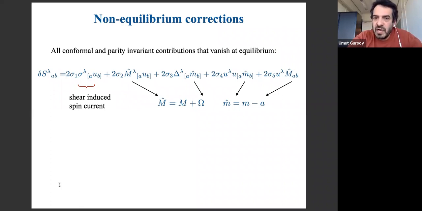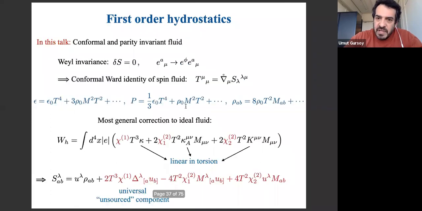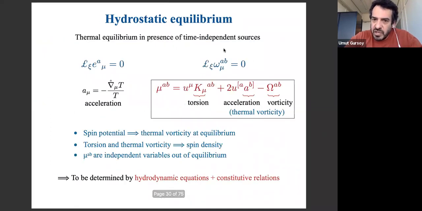So here I'm writing down all the possible non-equilibrium terms. These are all the conformally invariant and parity invariant contributions to the spin current that vanish at equilibrium. For example, the equation that we had for equilibrium is this.